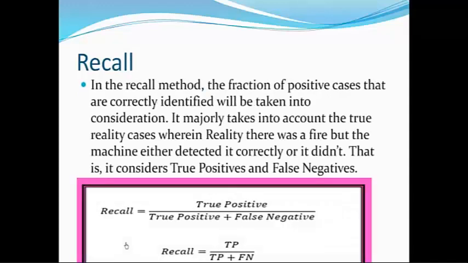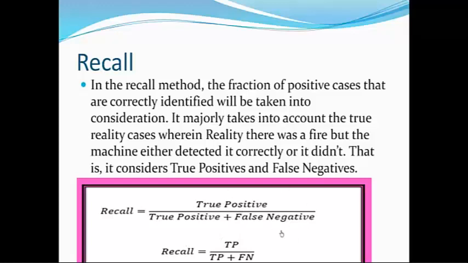Now, recall. In the recall method, the fraction of the positive cases that are correctly identified will be taken into consideration. What we will take in the case of recall is true positive by true positive plus false negative.